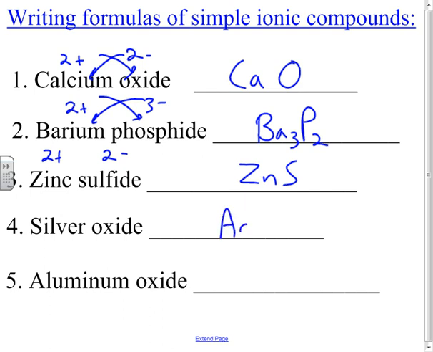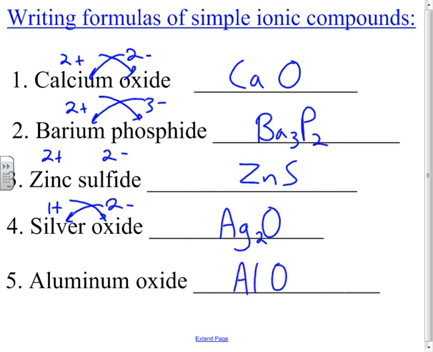Silver oxide, symbol for silver, symbol for oxygen. Silver is a 1+ oxidation state or charge. The oxygen is a 2-, so I need 2 silvers for every 1 oxygen, so Ag2O. That way silver gives up 2 electrons, the oxygen gets 2, both get as stable as they can get in terms of electron configuration.